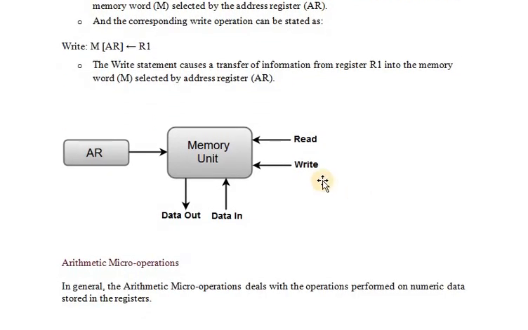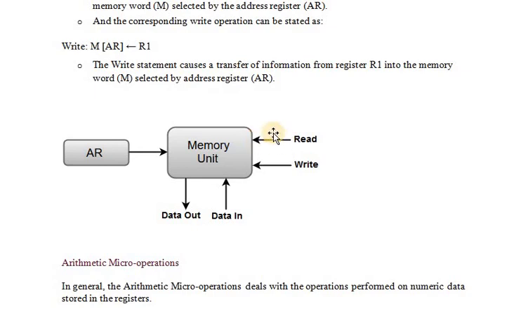See here: read operation, write operation, and AR, the address register. This is a memory unit, with data in and data out. If you are performing the read operation, we are going to transfer information from memory to the outside environment, that is data out.